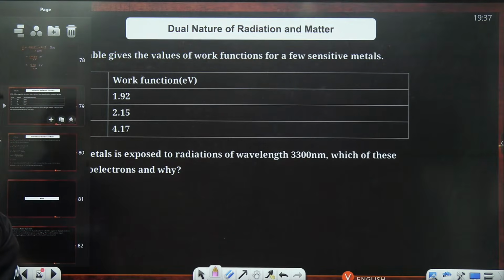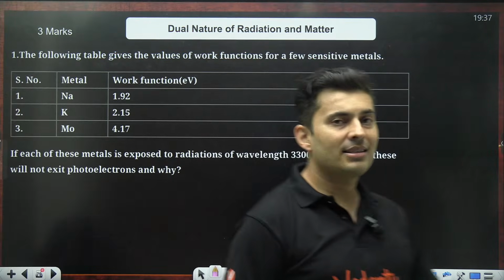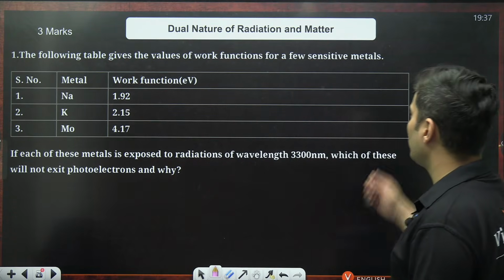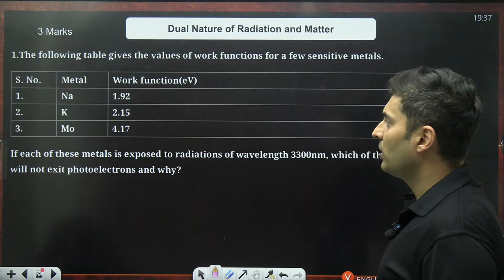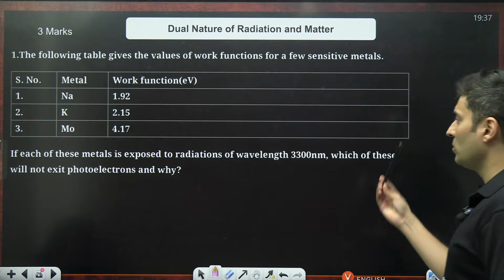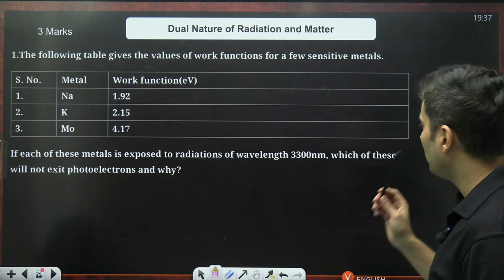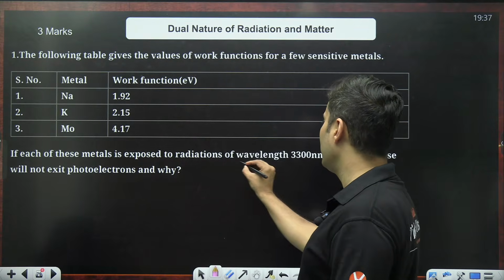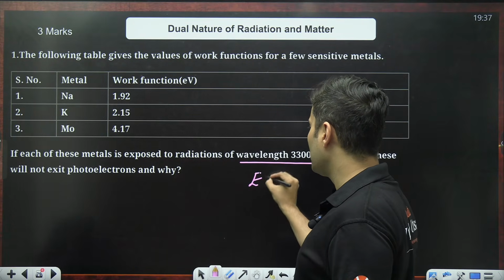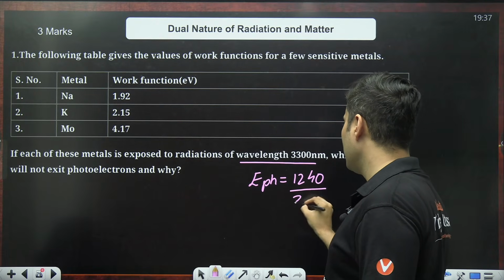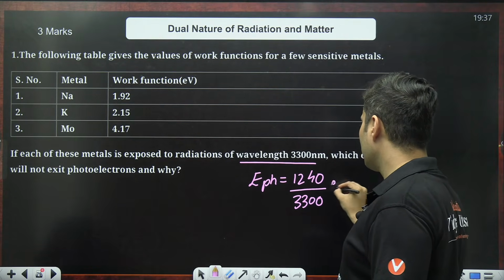When they can give you tabular questions also. The following table gives the values of the work functions for a few sensitive materials, sodium, potassium, molybdenum, etc. Work functions are given. If each of them is exposed to 3300 nanometers, which of them will not exhibit photoelectrons? Because wavelength is given, we know the energy of the photon. Because this is nanometer, it will be 1240 by 3300. This will be in electron volt.